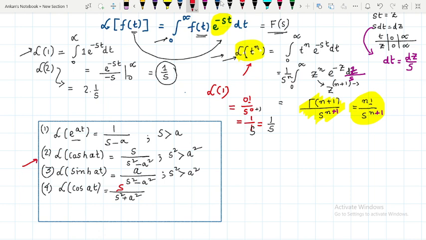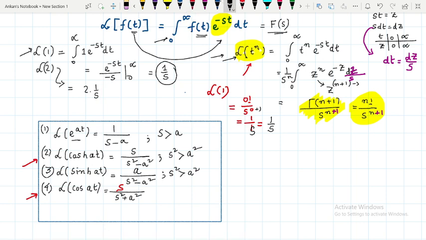You can easily notice that the Laplace transform of cos hyperbolic at contains s by s square minus a square, and the Laplace transform of cos at contains s by s square plus a square. The only difference is the sign in the denominator; the numerator remains the same.